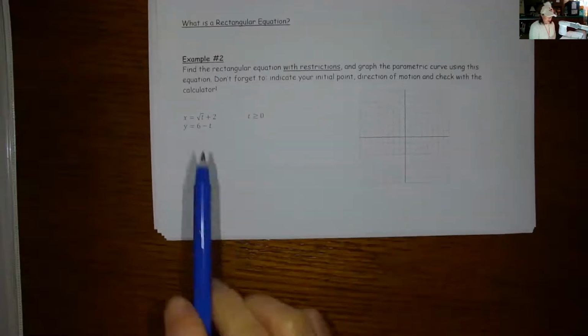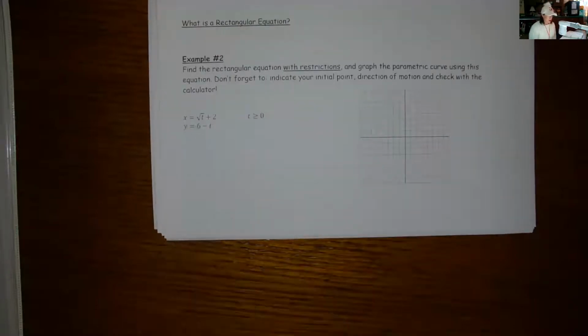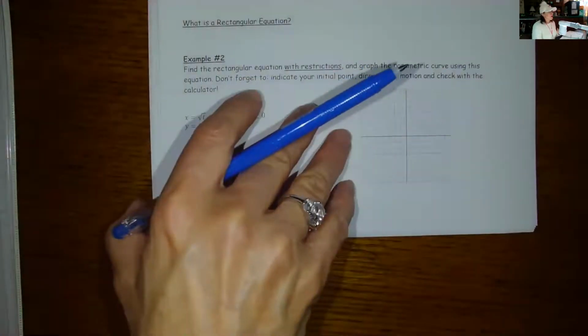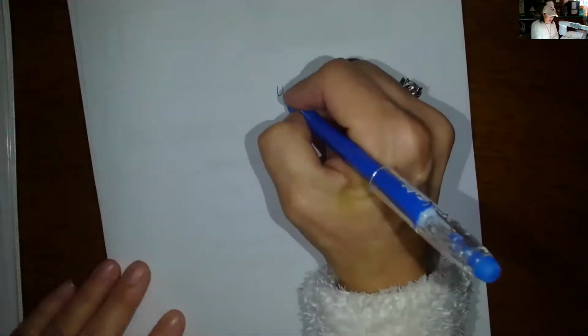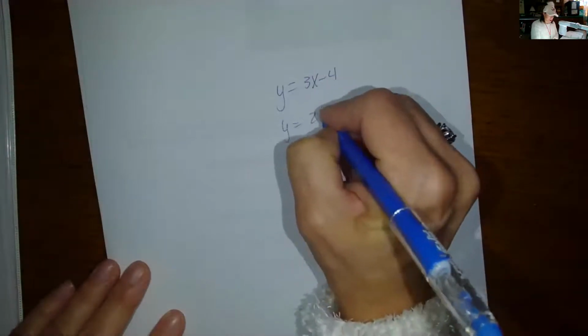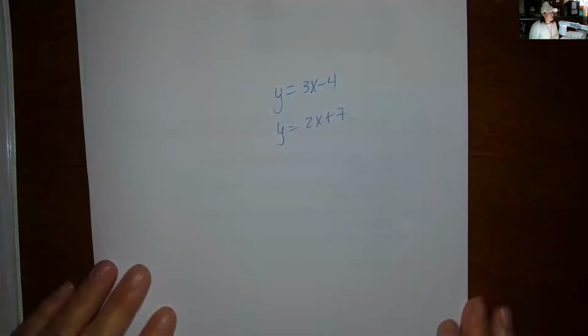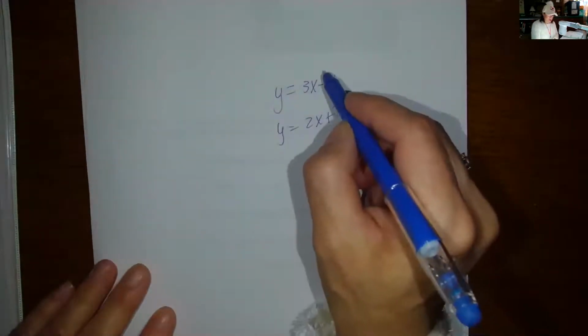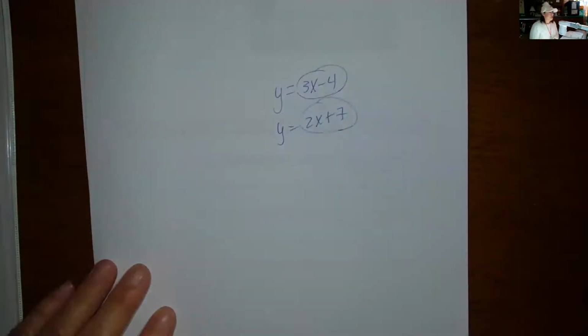So can we make one equation out of both of these? Yes. How are we going to do that? Kind of. Do you remember a long time ago? You don't have to write this down. If I gave you those two equations and they were both y, what was true about this and this?